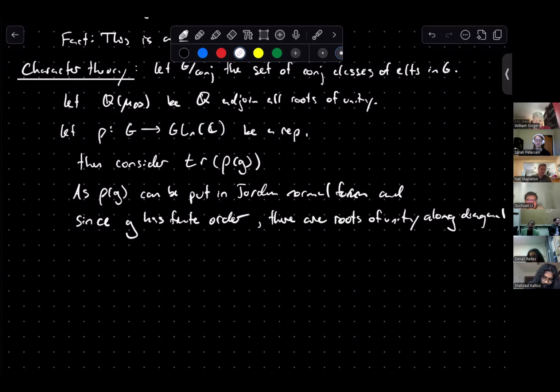So the trace of rho of g is a sum of roots of unity.